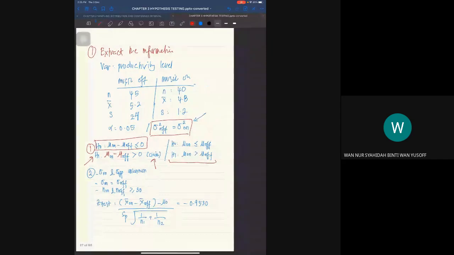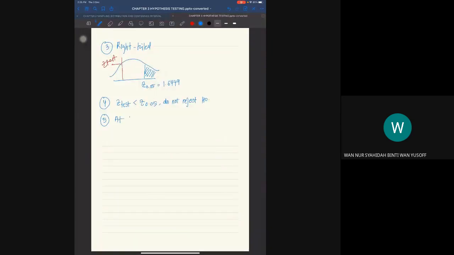So one of the conclusions that you can write: at alpha 0.05, there is enough evidence to reject the claim that employees perform better at work with music playing.